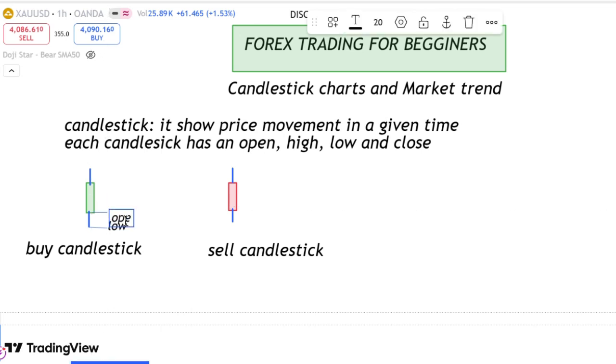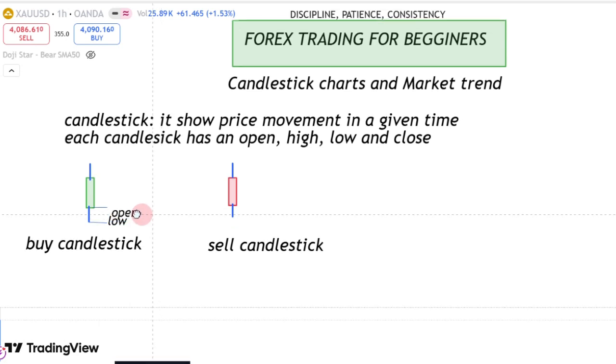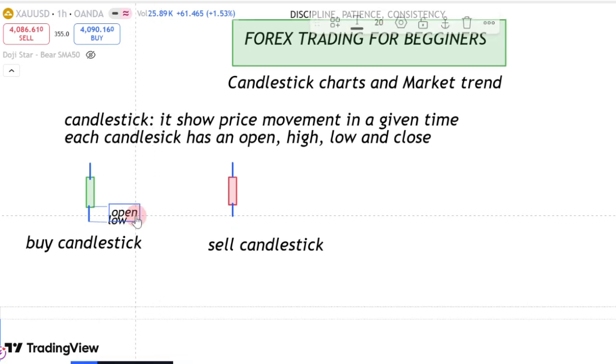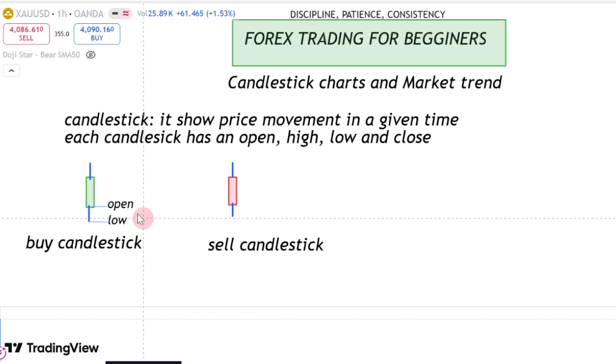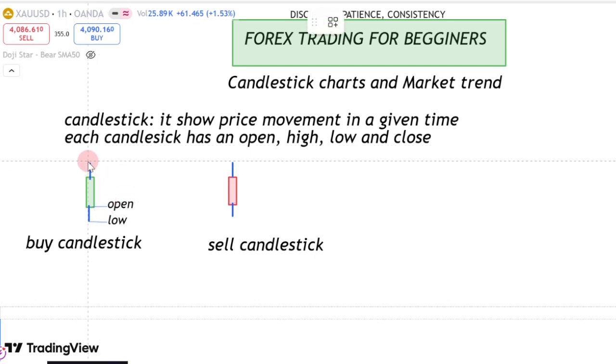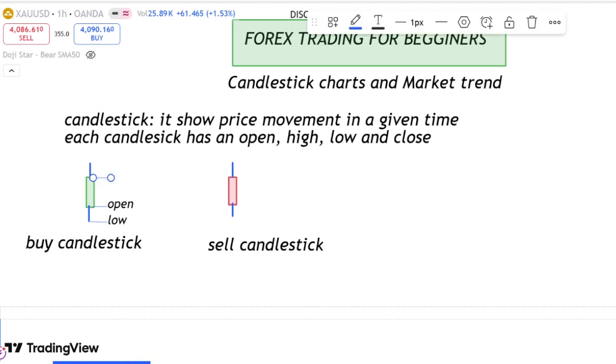The market opens at this zone. It's a buy. So the candlestick opens here and closes here. For a buy candlestick, the market opens at the bottom and closes at the top.